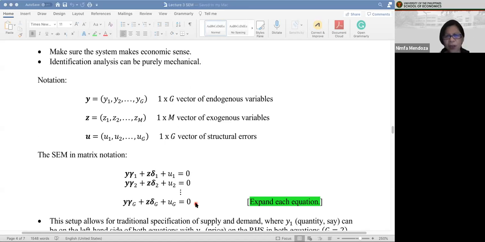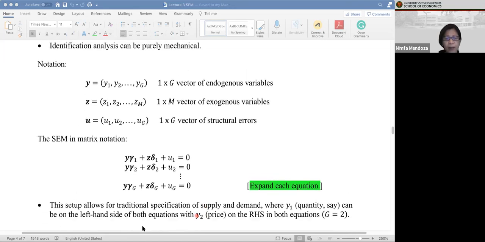Later on, we will collapse this into another matrix form. So note that this setup allows for traditional specification of supply and demand, where Y sub 1, quantity, can be on the left-hand side of both equations with Y sub 2, price, on the right-hand side in both equations.